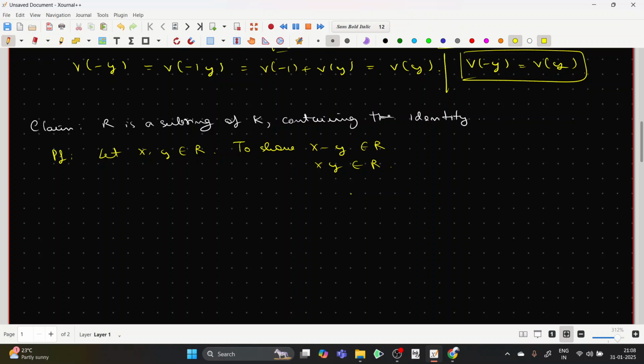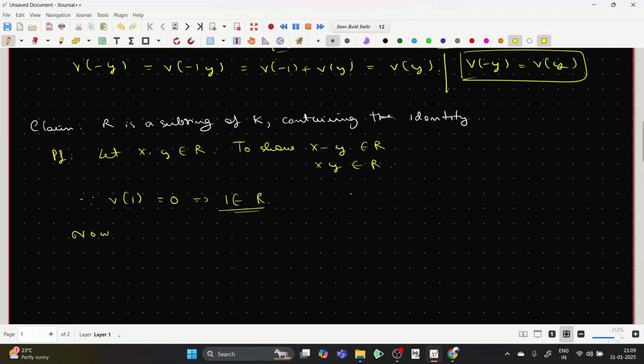Why? Because the image of the identity is 0, and by the definition of the discrete valuation ring, it contains all those elements which are units in K or 0, and whose discrete valuation is non-negative. Since the discrete valuation of 1 is 0, this implies that 1 is clearly in R. So this is trivial.